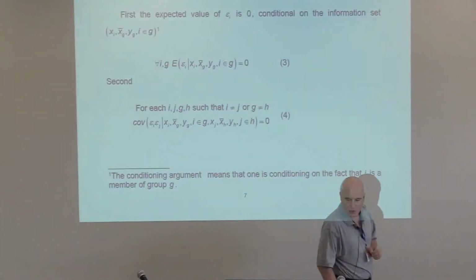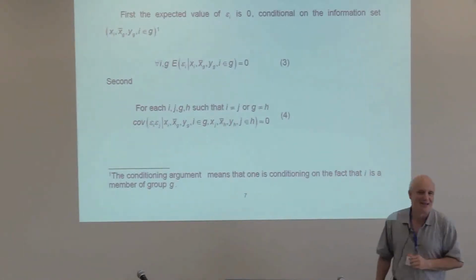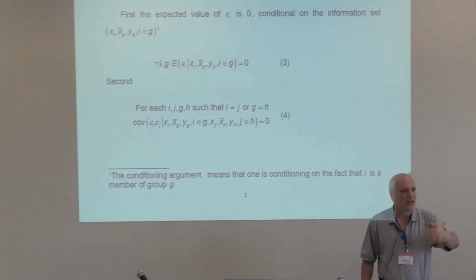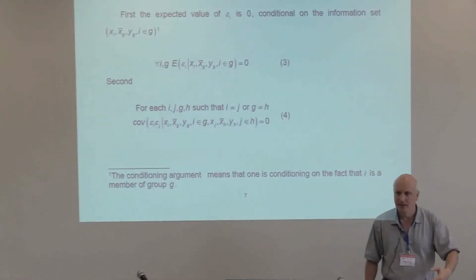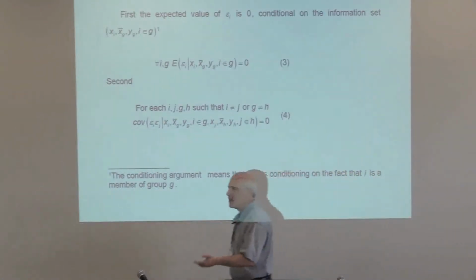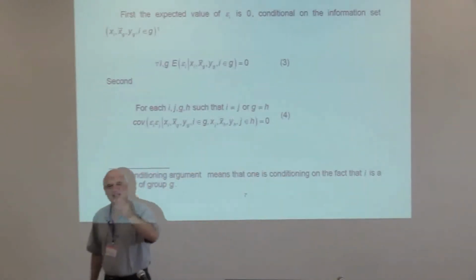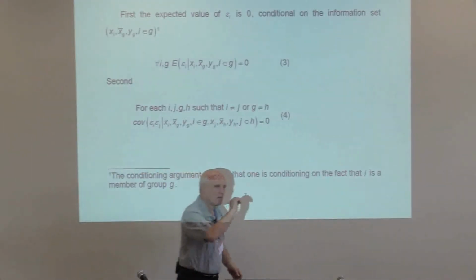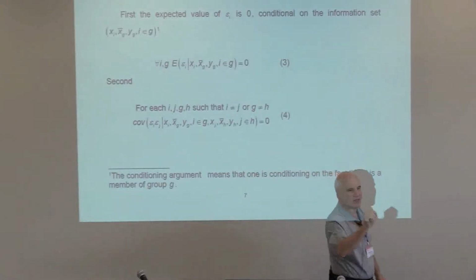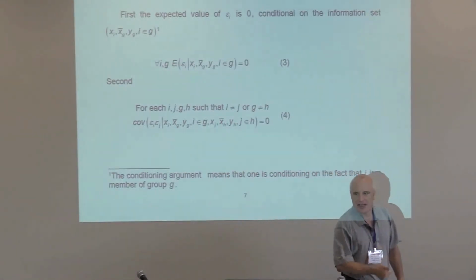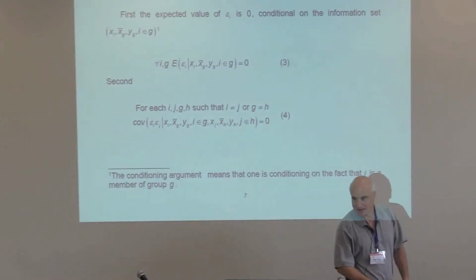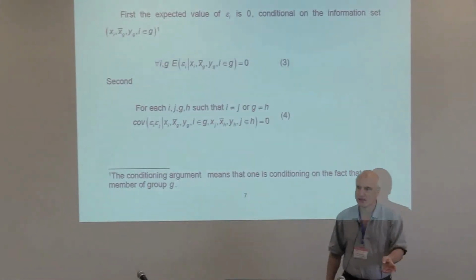Now, here are some boring equations. I'm going to start off by taking a stance on the nature of the unobserved heterogeneity. After all, when you learned basic econometrics, how were you taught it? I claim this is how you were taught it. You wrote down a model that said y equals x beta plus epsilon. You then made an assumption, and that was that x and epsilon are uncorrelated. In other words, they were orthogonal to each other.